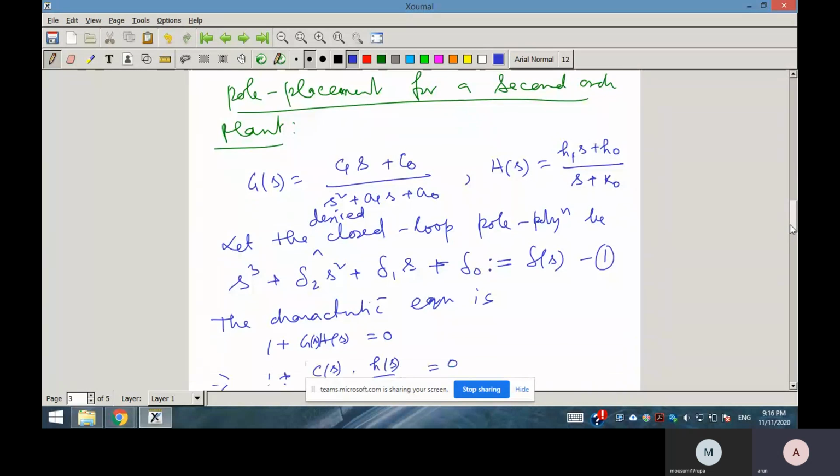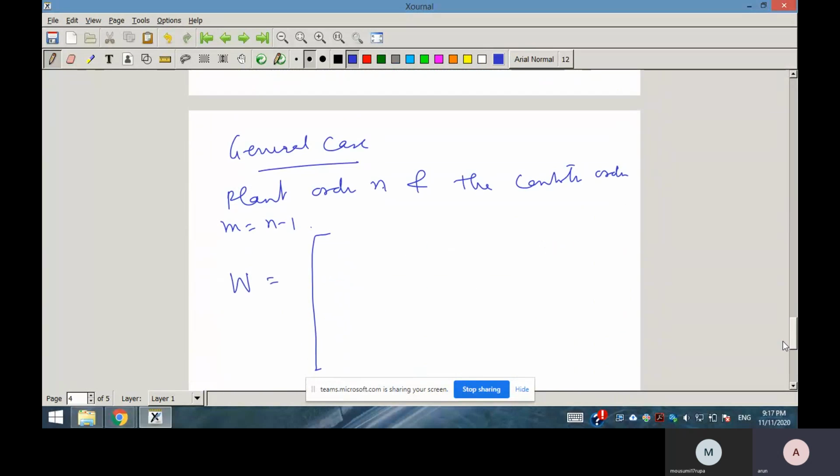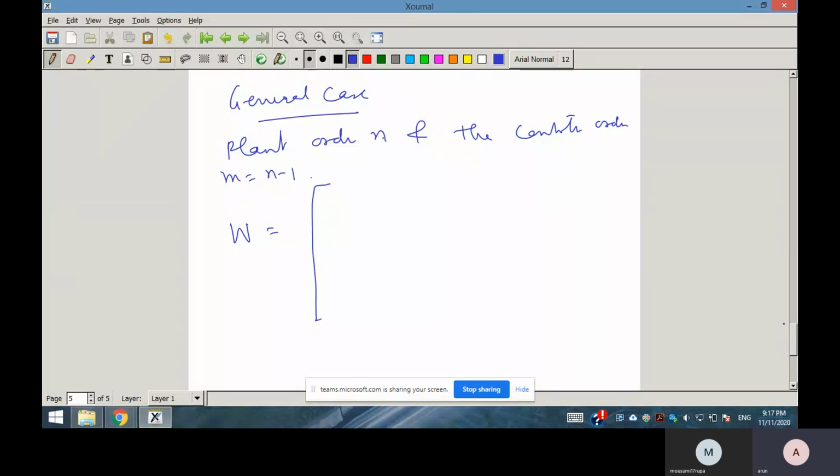So if you have an nth order plant, the denominator polynomial is s to the power n plus a n minus 1 s to the power n minus 1, and so on. So it will start from A0, A1, A2 up to a n minus 1, then 1, then 0 0 0 0.